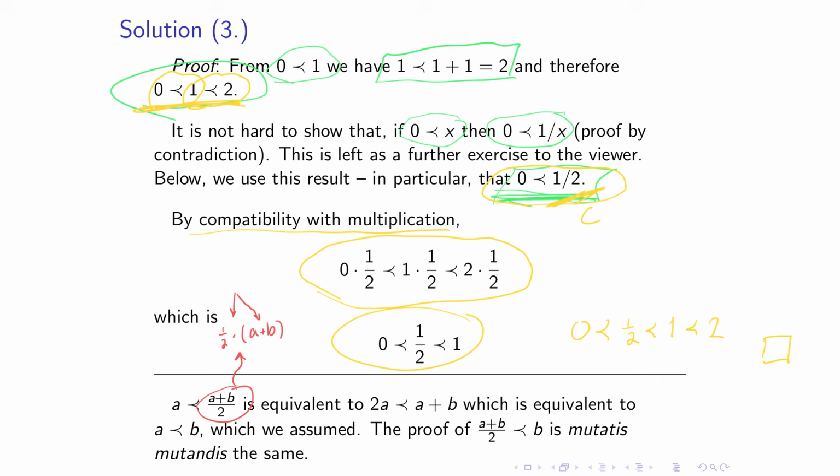But anyway, we're also going to assume that A strictly precedes B, and then we're going to show that the average is in between. In particular, to get started, we're going to show that A precedes the average. I am going to prove that.